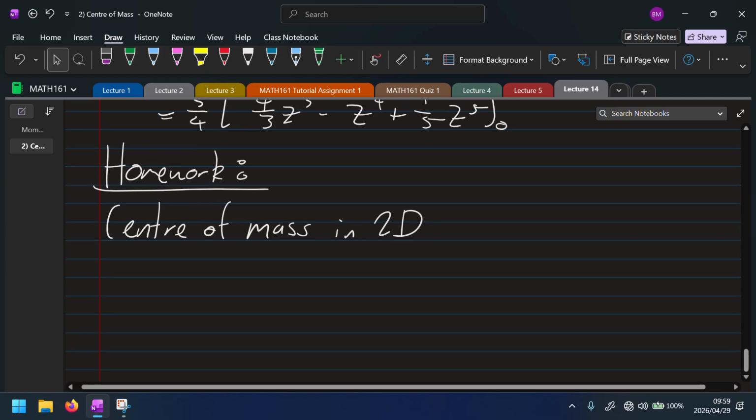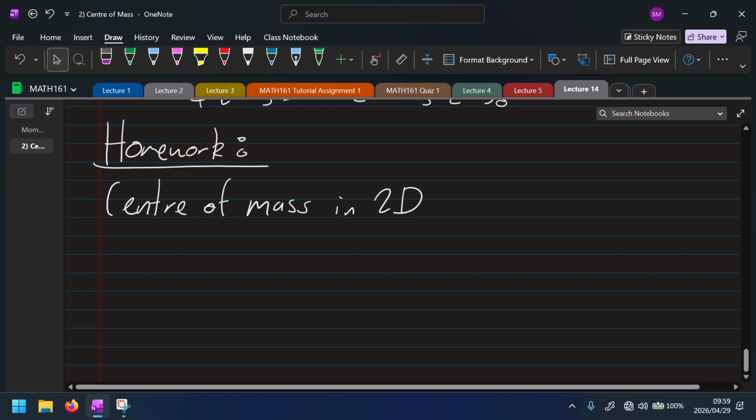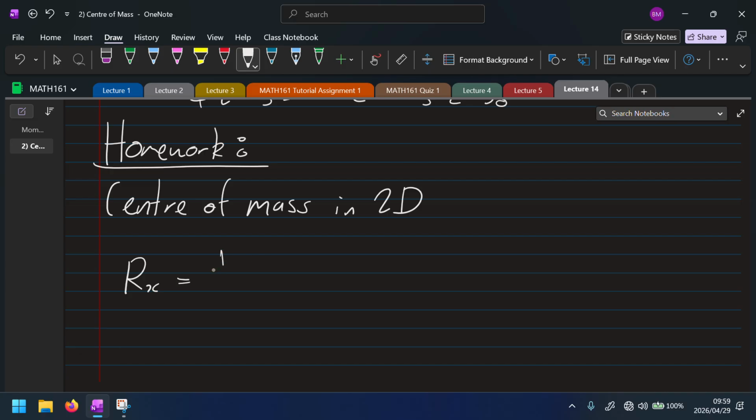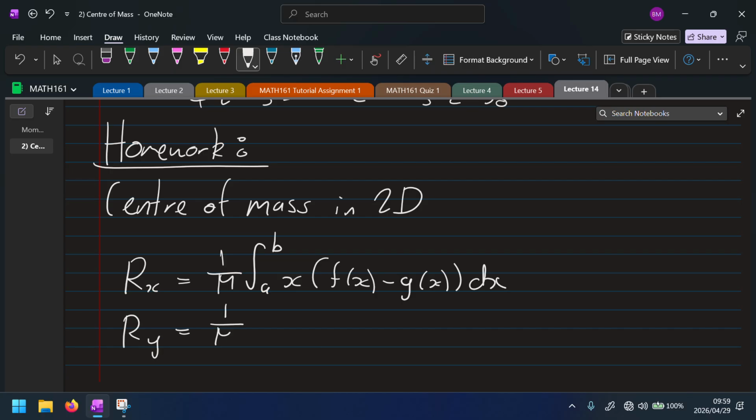Okay, so in 2D, we have the following equations. So the center of mass for x is given by 1 over m integral from a to b, x, f of x minus g of x dx. And for y, it will be 1 over m integral from a to b, 1/2 f of x squared minus g of x squared dx.